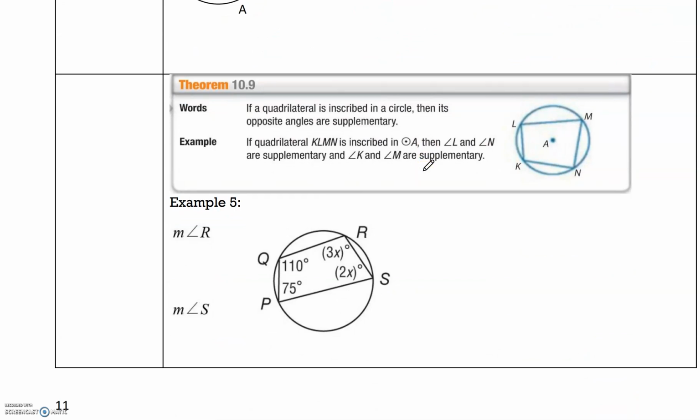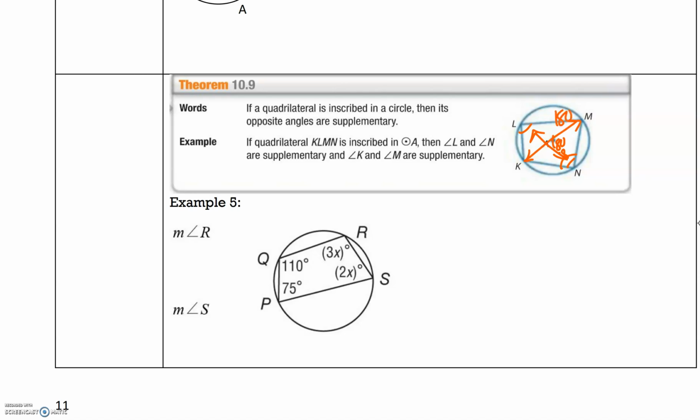What if it is a polygon and not a triangle? The property just says that if we have a polygon that's inscribed in a circle, then the opposite angles are supplementary. So L and N add up to 180, and K and M add up to 180.